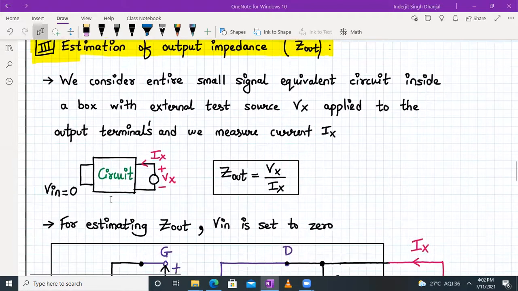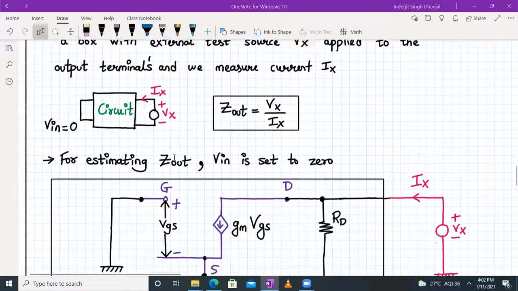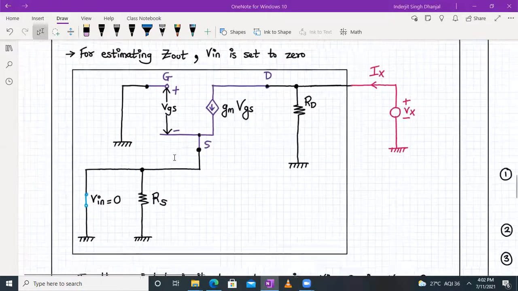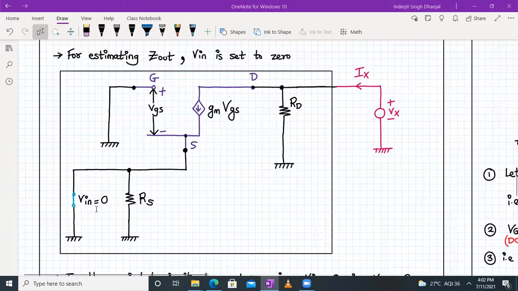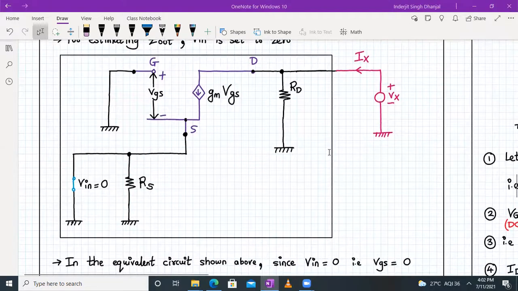For estimating Zout, we have to note that additionally, Vin has to be set to 0. So we put the entire circuit inside the box over here, and we put Vin equal to 0. At the output, instead of Vout, we apply the test source Vx, and we measure the current Ix. So Vx upon Ix is supposed to give us the Zout term.